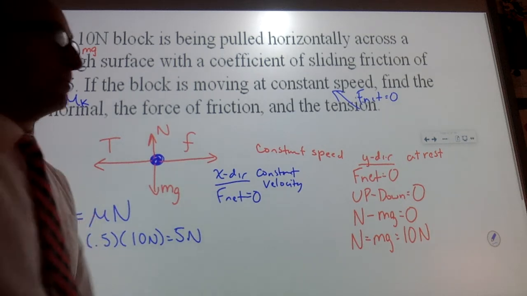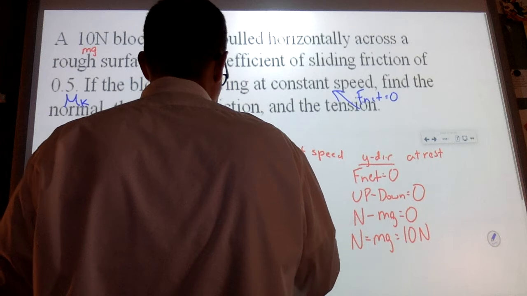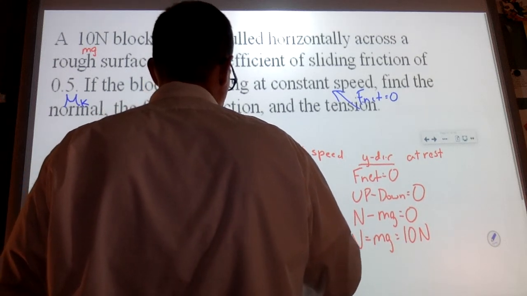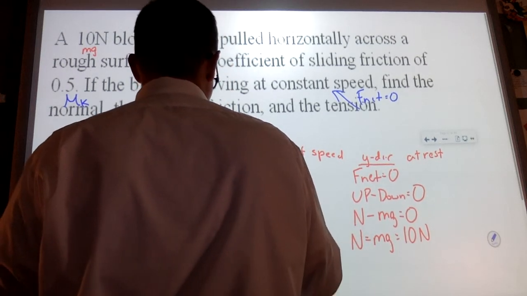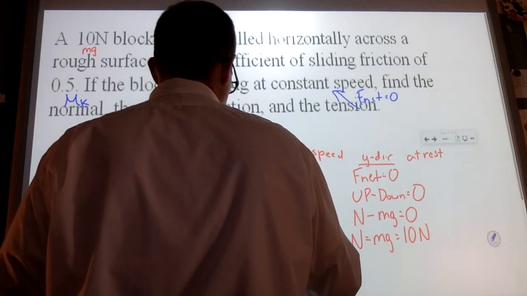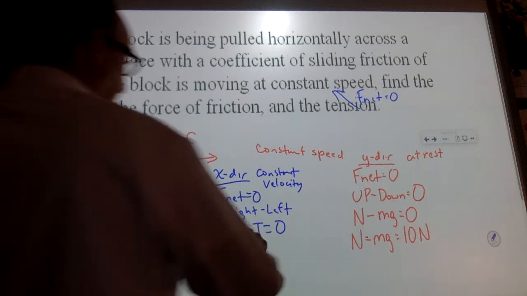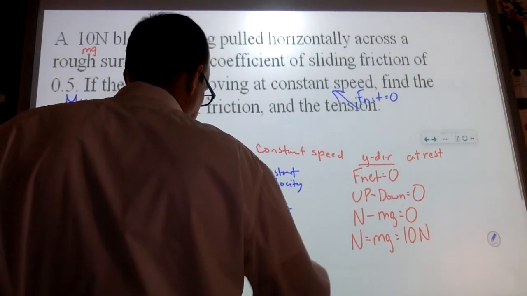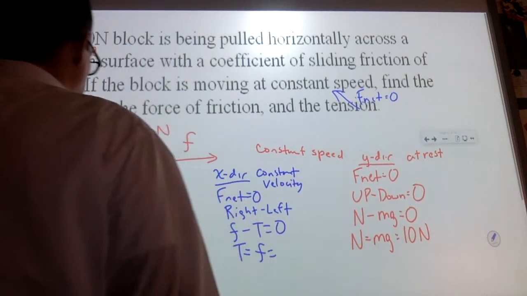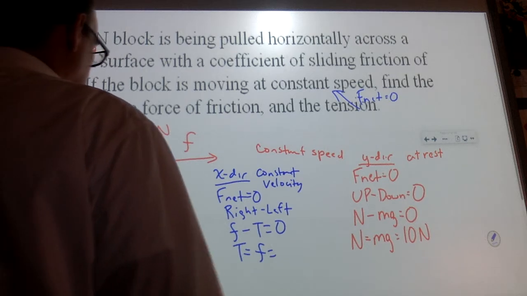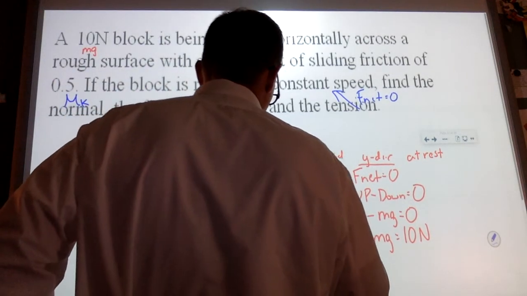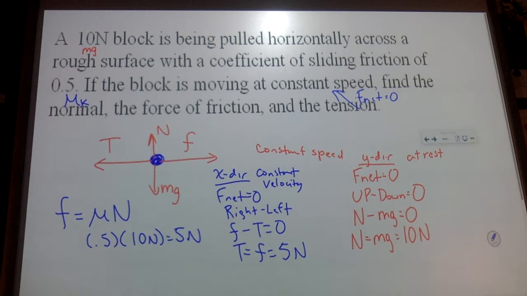Just like in math, I'm taking things that are going to the right as positive and things that are going to the left as negative. So this is going to be F minus T is equal to 0. And so T is going to be equal to my friction, which is 5.